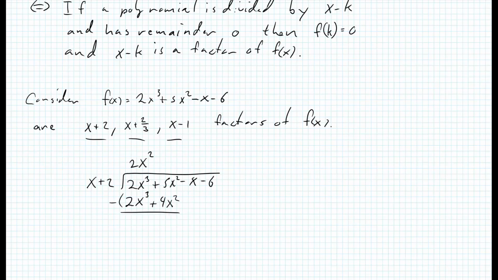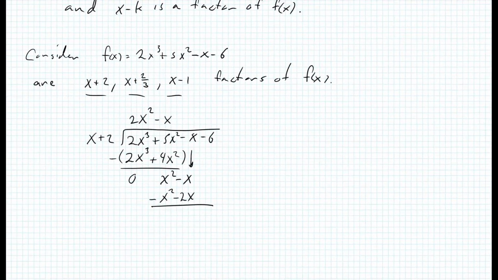I subtract, I get a 0, I get positive x squared, I bring down the minus x, and I get x squared plus 2x.